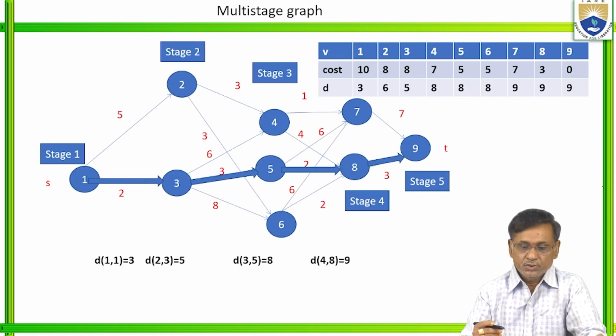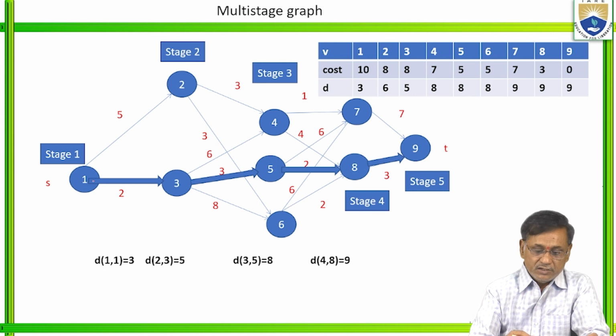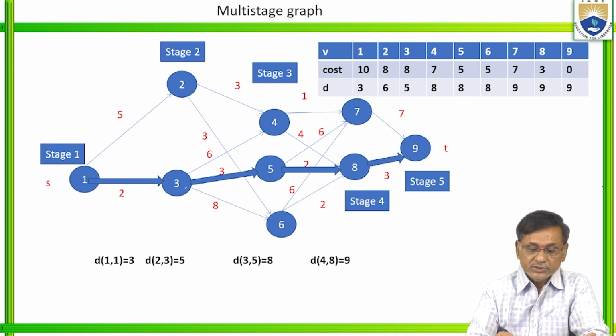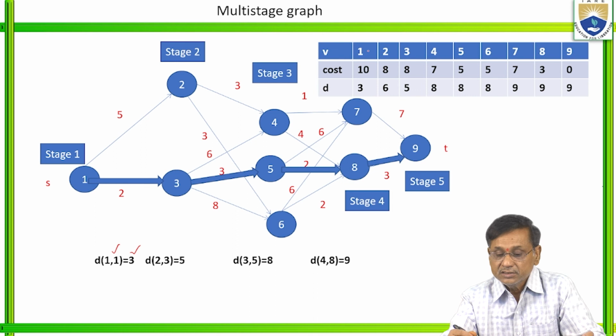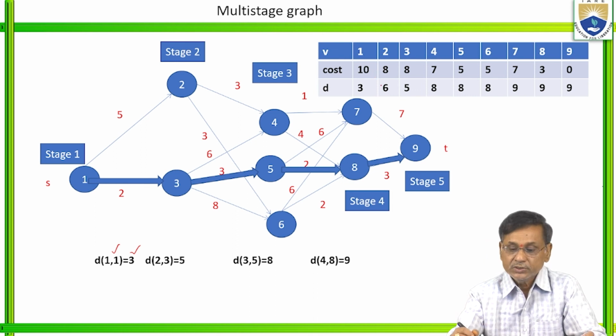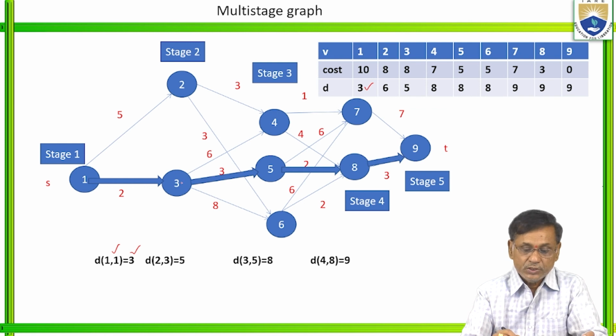Now, we are starting from the vertex 1. Then, where are we going? In stage 1, we are going to vertex 3. From vertex 1 to vertex 3, because here the cost is 10 and the vertex is 3. We are going from 1 to 3.